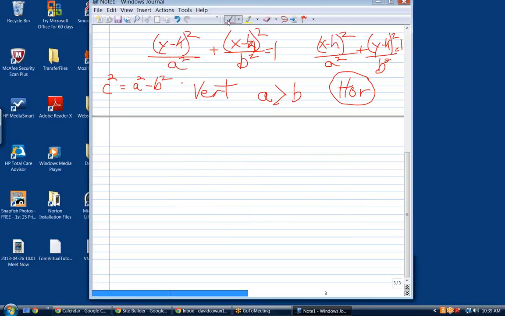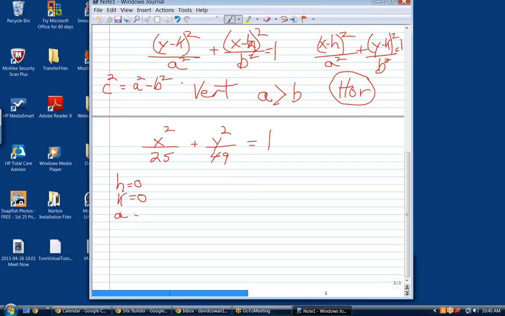Okay, so the next one we have is x squared over 25 plus y squared over 49 equal to 1. So the center is here again.